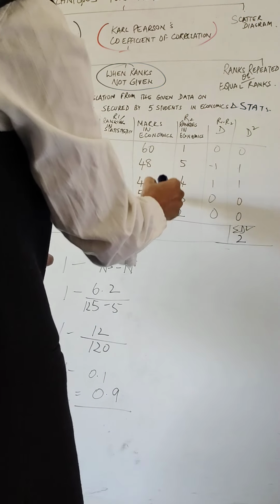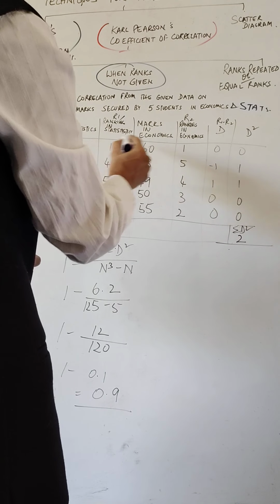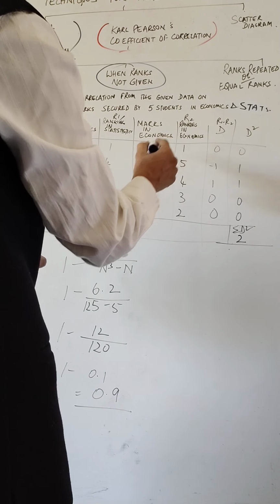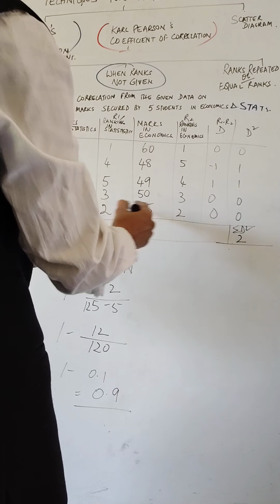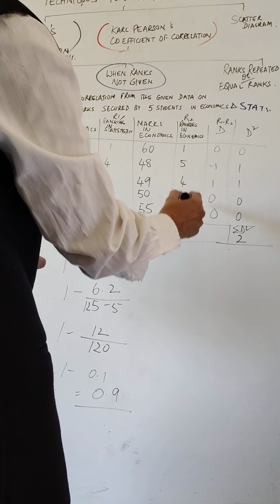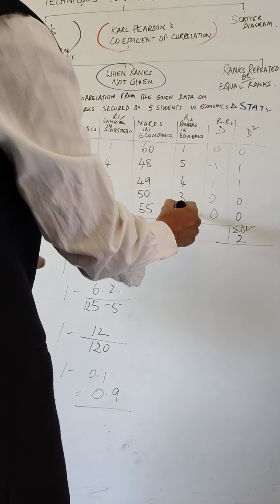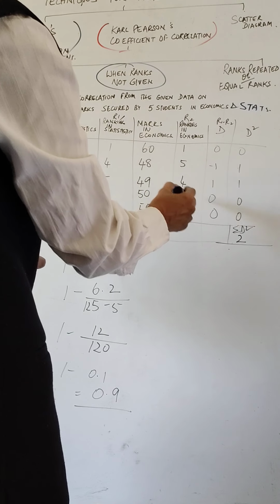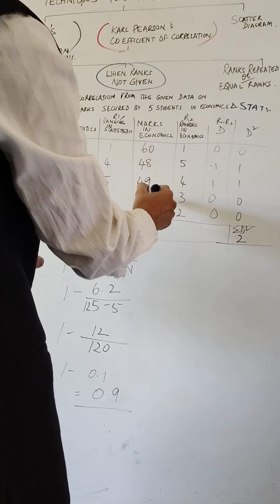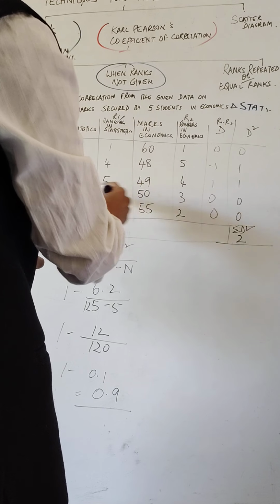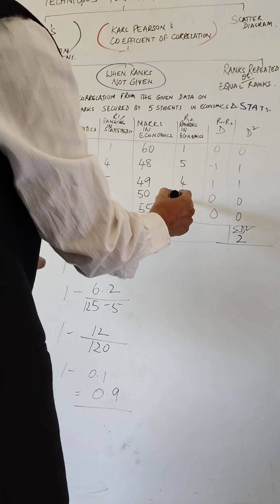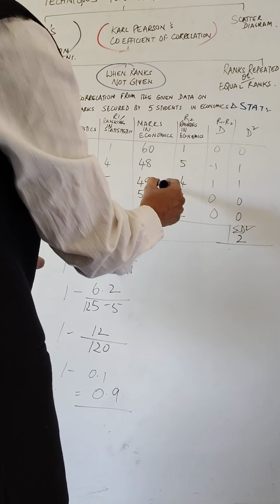Then in economics, A gets 60, so we put it as 1. E gets 55 in economics, so that is 2. D gets 50, so that becomes third rank.